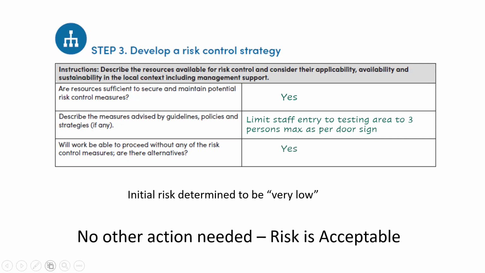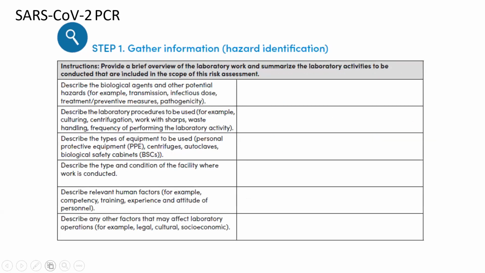Will they be able to proceed without any additional risk control measures? Yes, they will. The initial risk was determined to be very low. If that is the case, if it's low or very low, very likely no additional risk control measures are needed. So no other action is needed, the initial risk is acceptable, and nothing else needs to be done.